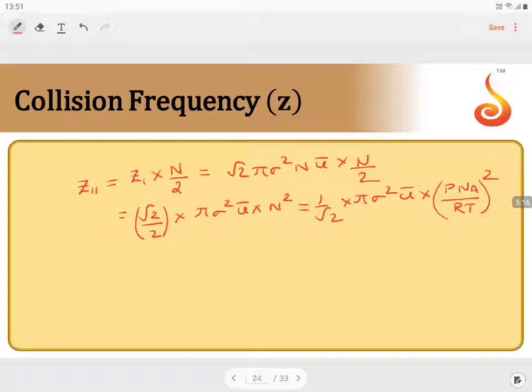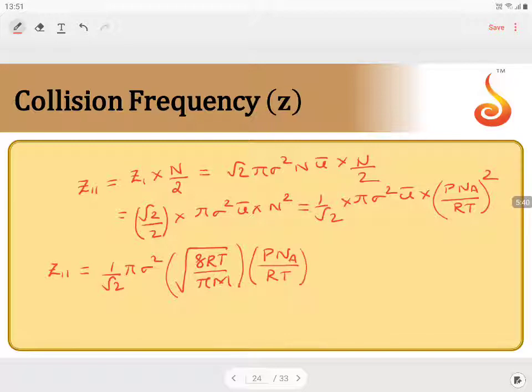Now Z11 can be written as 1 by root 2 into pi sigma square into the average velocity, which is given as root over 8 RT by pi m, into P Na by RT whole square.